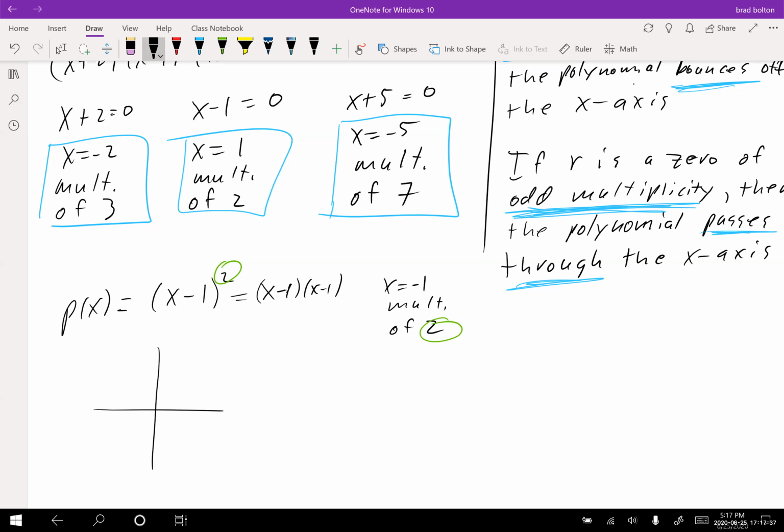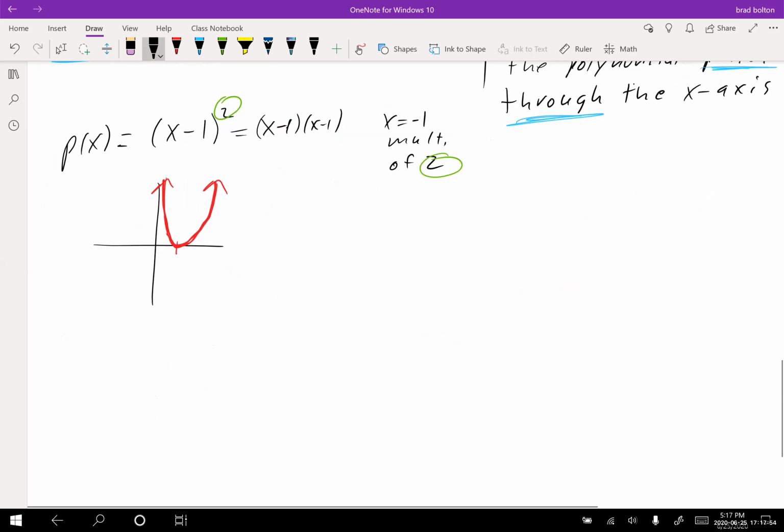So what we're going to do is graph this. I'm going to shift my graph over 1 to the right, and then I'm going to graph it. And look what it does. It bounces off the x-axis, okay? So that's what it means by bounces off. Now, when they say passes through, let's say that I have p of x equals x cubed.